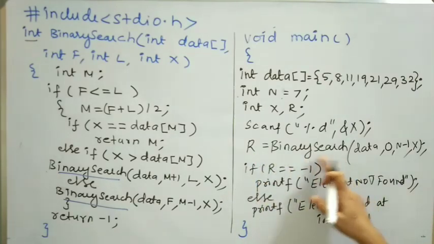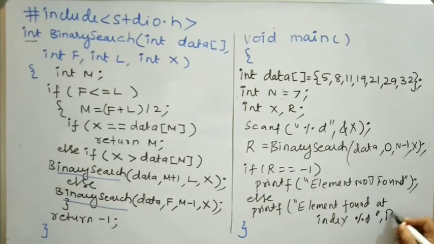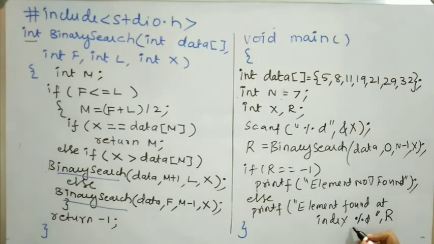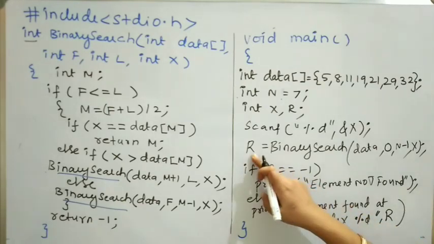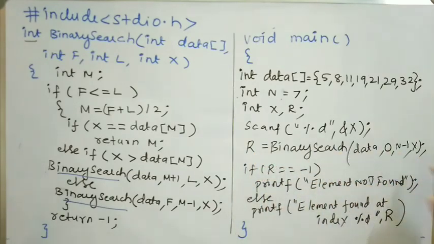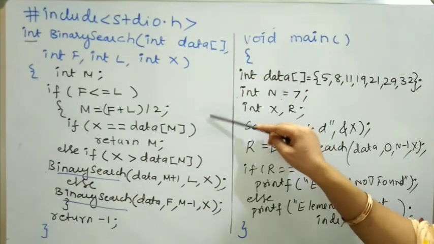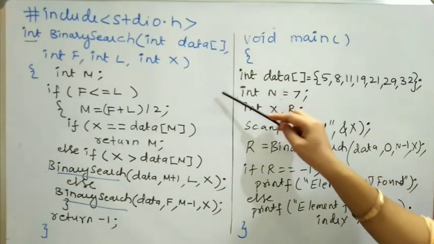The value returned by this binary search function is stored in r, so I am printing the value of r. The value of this control string is replaced by the value of r, which is returned by the binary search function where it has found the element I looked for. So recursively I have implemented this binary search function to perform the binary search operation, which is called from the main function.